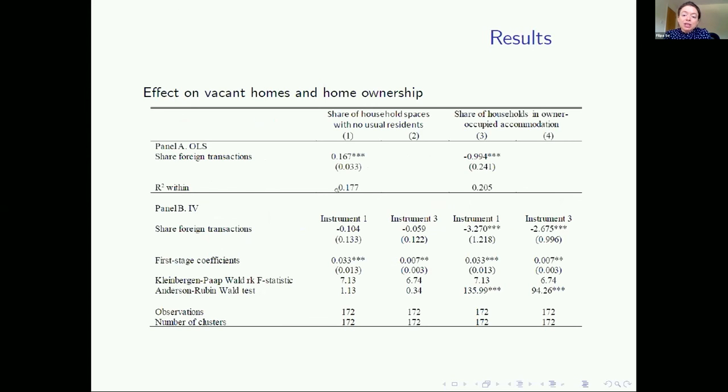Now with census data, I've also looked at home ownership rates. So I looked at the share of households in owner-occupied accommodation. And here I do find a significant effect. I find that in local authorities with a higher share of foreign transactions, there is a smaller share of households in owner-occupied accommodation.